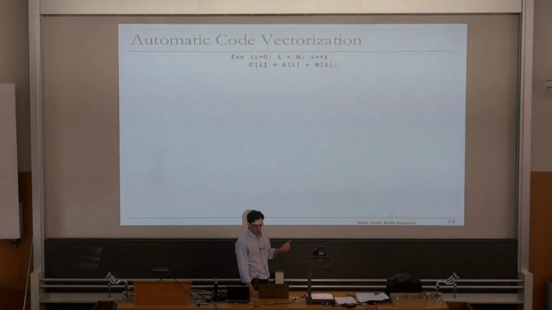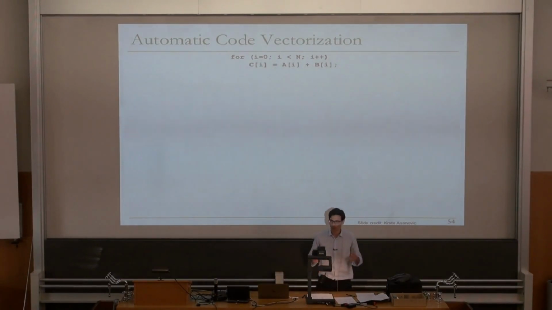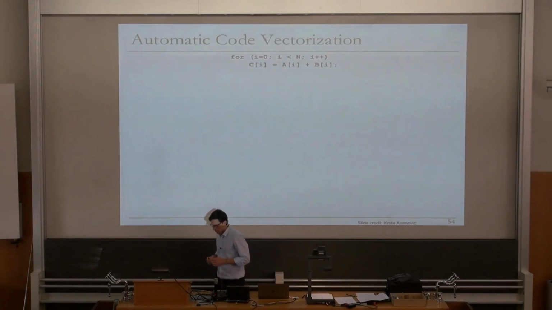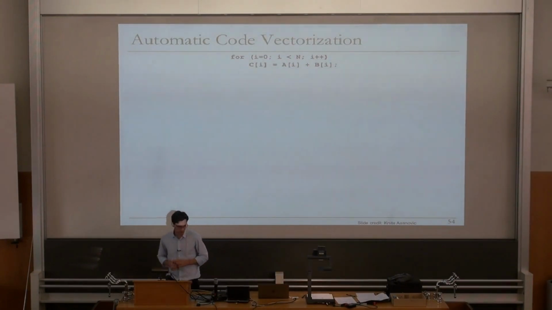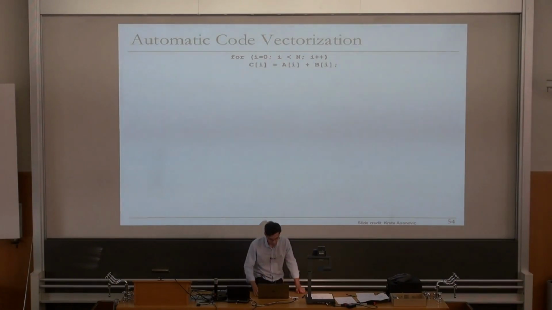How can we really take advantage of this? I mean, how can we really take advantage of SIMD processors and vector processors, for example? This is something that we as programmers can do, but compilers can also help, because there are some cases where we can have automatic code vectorization.